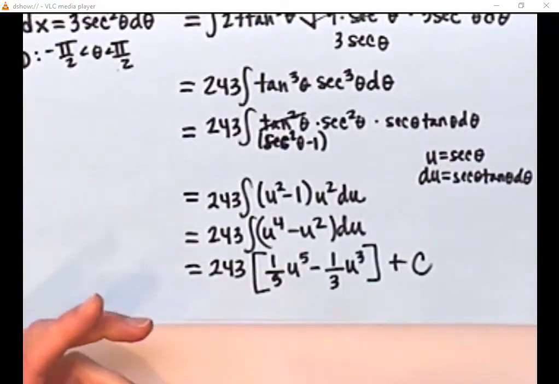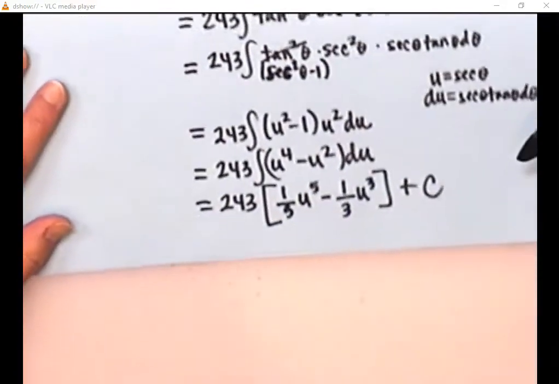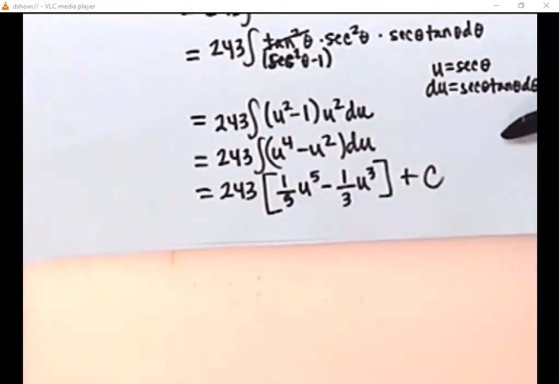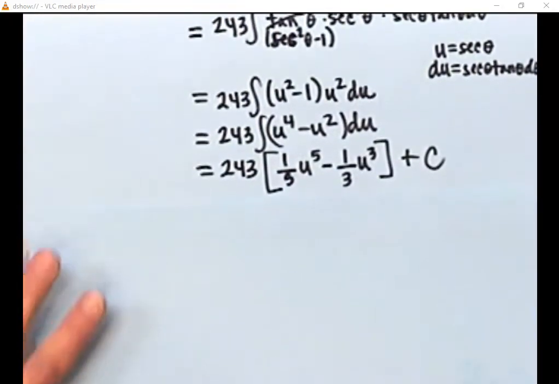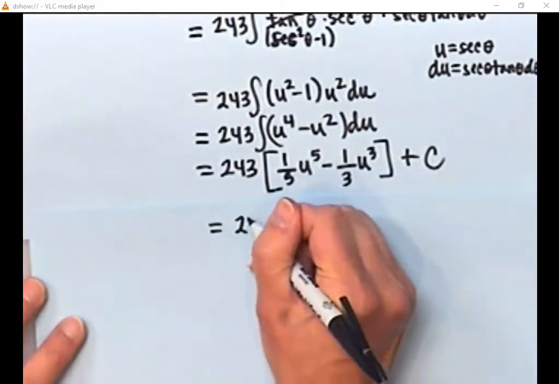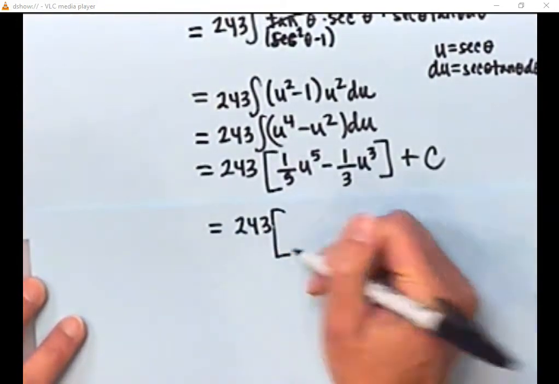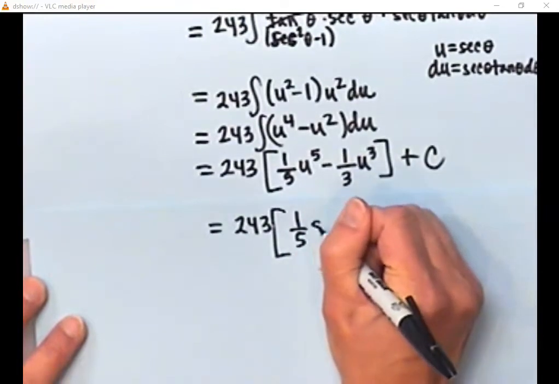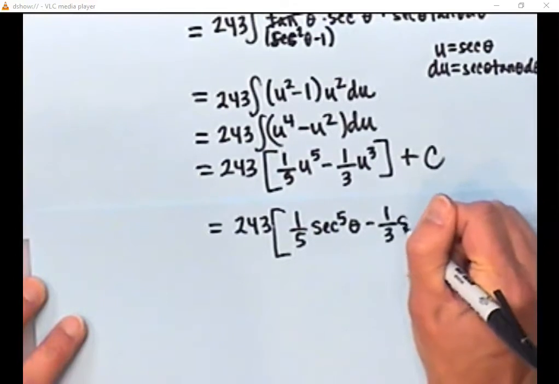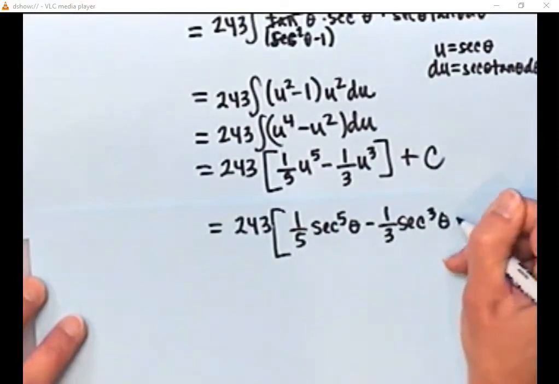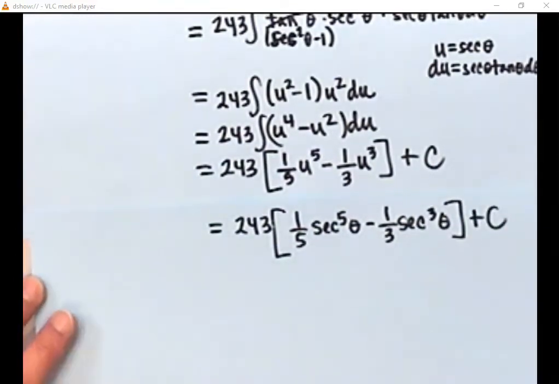Done? Oh no. That's right. We gotta go back to theta first and then to x. Okay, so let's put our u back in. That will give us theta. So what is that? 1/5 secant to the fifth theta minus 1/3 secant to the third theta. Alright, we're getting closer. There's thetas.